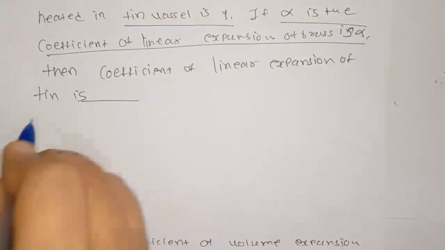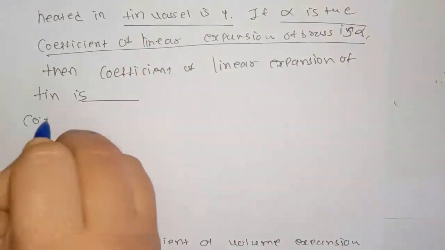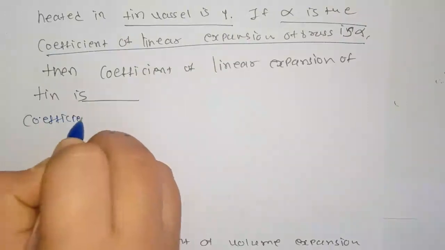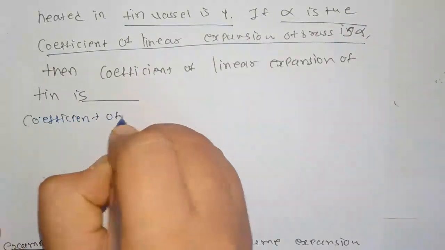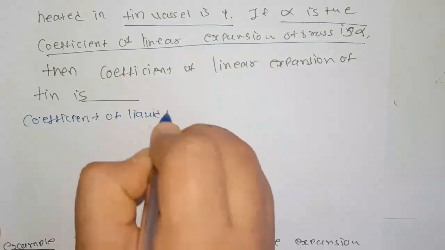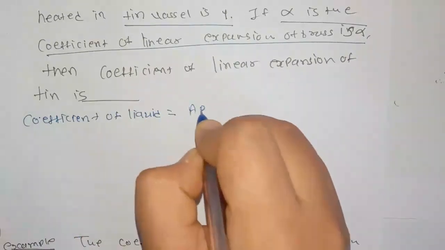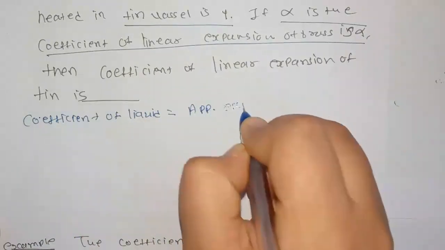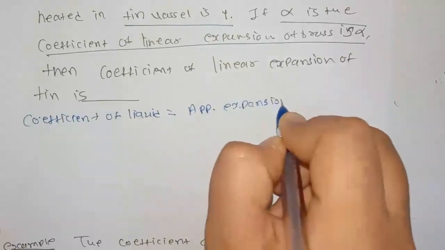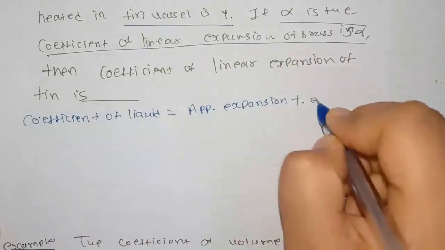Here, the coefficient of liquid expansion is equal to apparent expansion plus expansion of vessel.